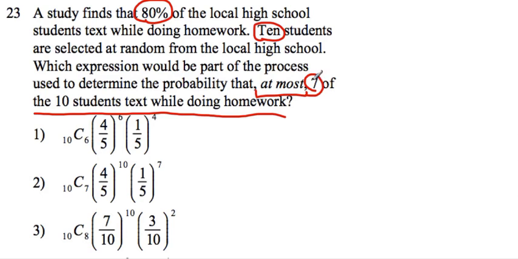At most 7 means we are looking at 7 students, 6 students, 5, 4, all the way down to 0 students. So we're looking at many things put together.